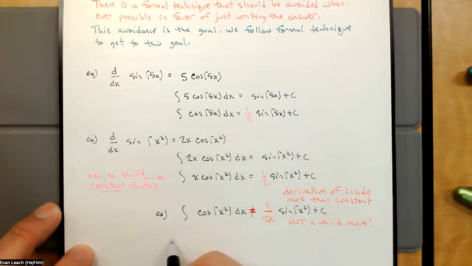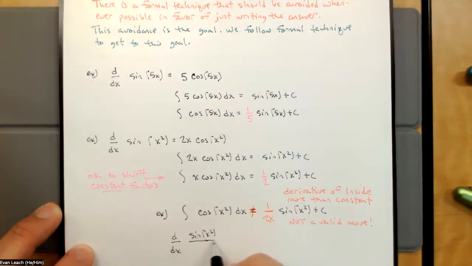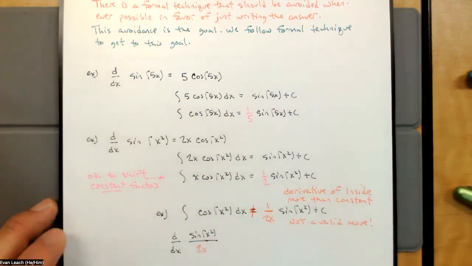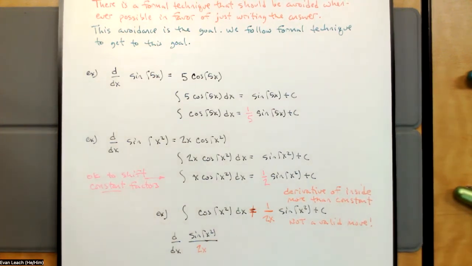If we find the derivative of sine of x squared divided by 2x, this is not going to end up with cosine of x squared.